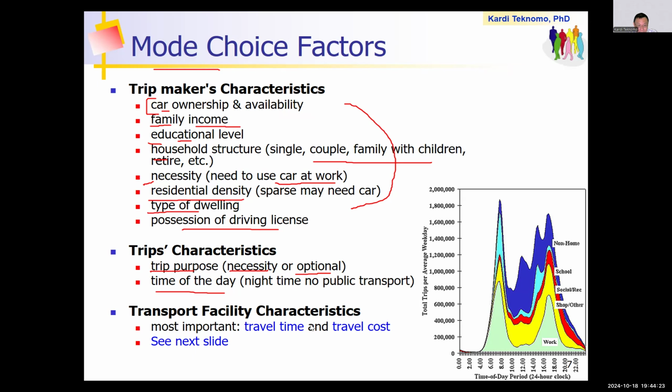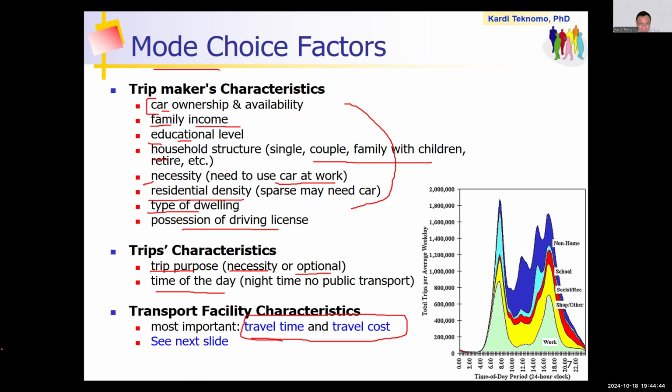But the most important factors that you need to include in a mode choice model are these two. So this is basically like generalized cost, isn't it?